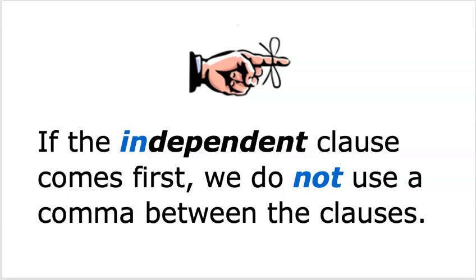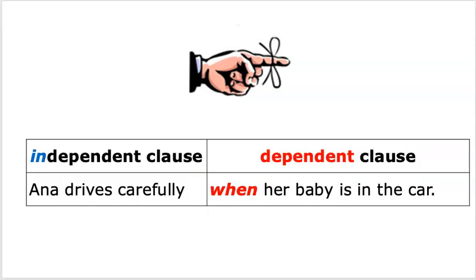And notice, if the independent clause comes first, we do not use a comma between the clauses. For example, Anna drives carefully when her baby is in the car. So independent clause first, no comma.